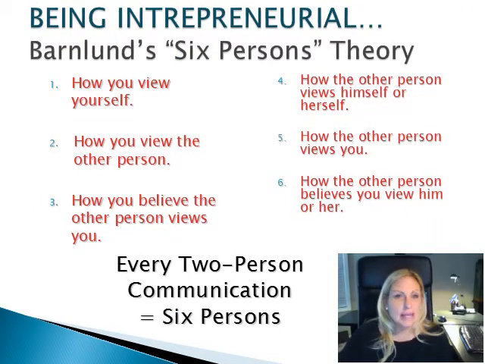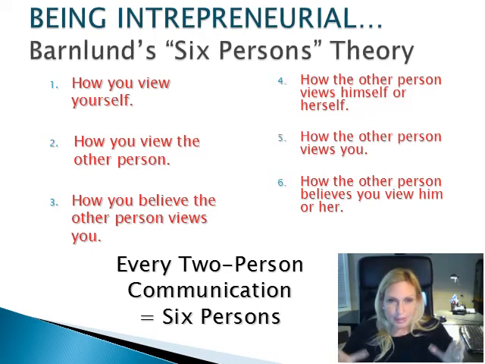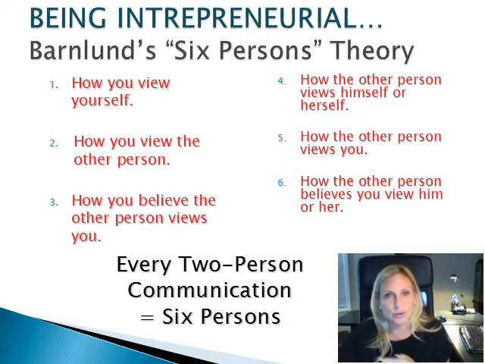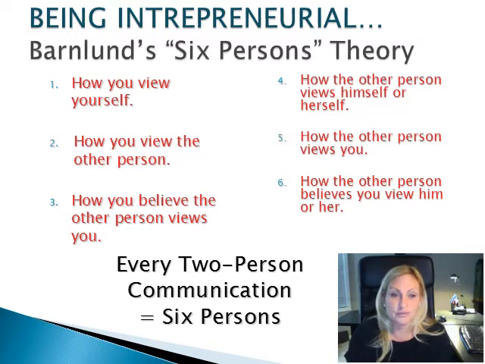When you think about being intrapreneurial, this is where you have to think really objectively. Think about what they were talking about with Bartlett's 6-person theory. Bartlett's 6-person theory is you thinking of how you communicate from six different perspectives. First, how you view yourself. Then how you view the person you're having dialogue with. From there, how you believe that person views you.